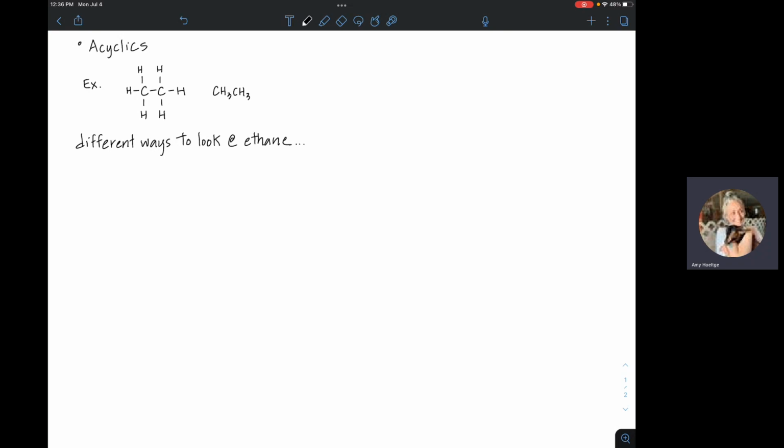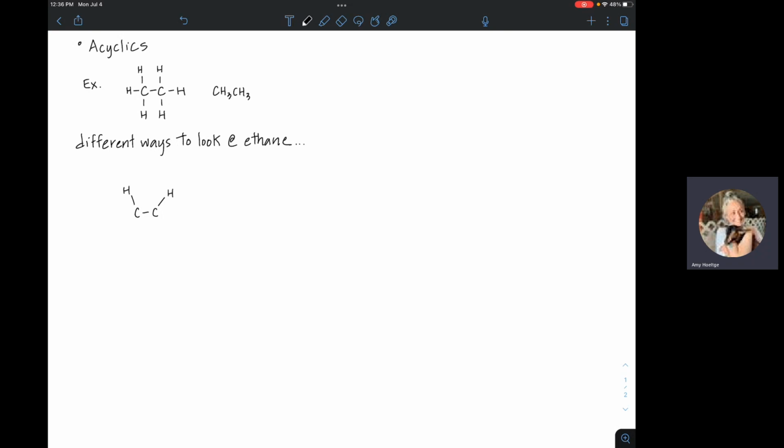That's how we're going to indicate 3-dimensional orientation on a 2-dimensional surface. So for example, we could have ethane. When we have our 2 carbons that are going to be bonded to each other, we have a stick to indicate that those bonds are lying in the same plane as the paper. So that's right now just indicating that everything is flat in the paper like a little pancake.